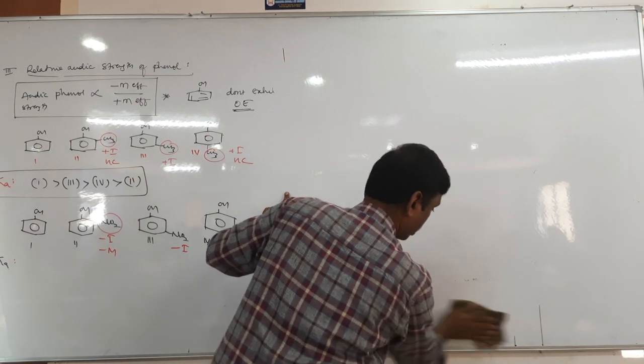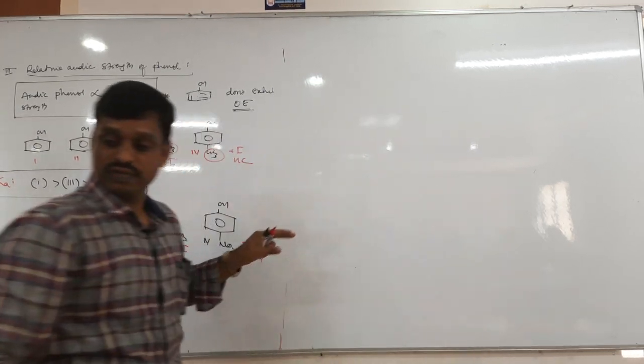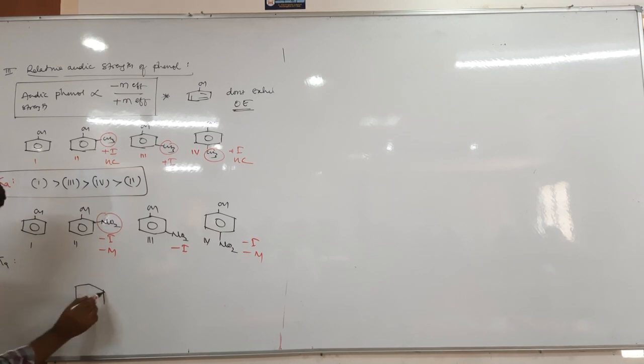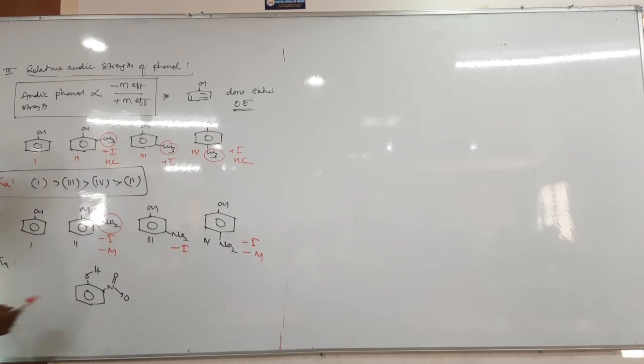Even you have studied this in chemical bonding also. Hydrogen bond. So because of hydrogen bond. See, in the case of orthonitrophenol, actually it is supposed to be more acidic, but there is hydrogen bonding present like this. There is intramolecular hydrogen bonding.